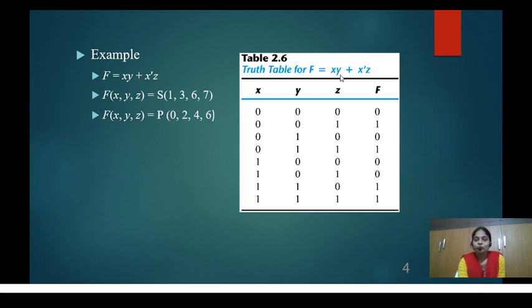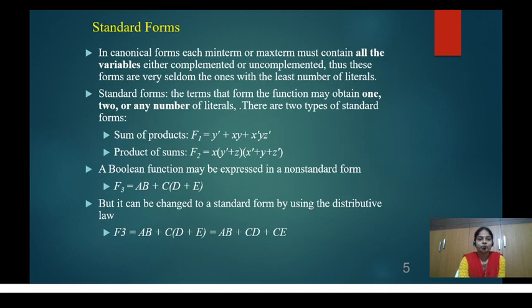This is over, and how to map x complement z? x complement means 0, y is not declared, so y can be either 0 or 1 and z is 1. So x is 0 and z is 1, which means you will get two combinations, and for these you keep 1. This way you can represent the function by using the truth table.